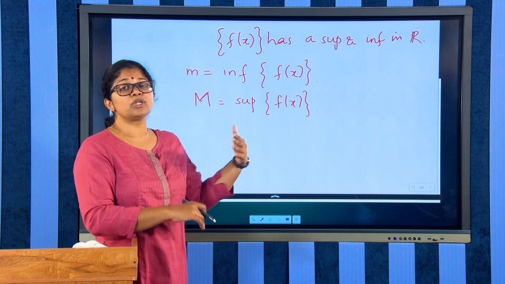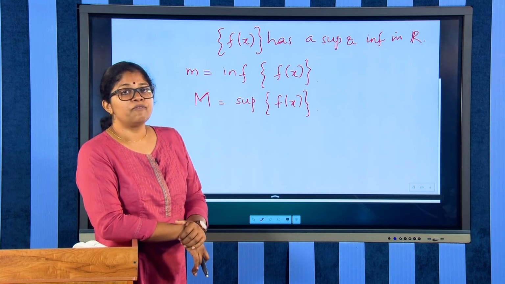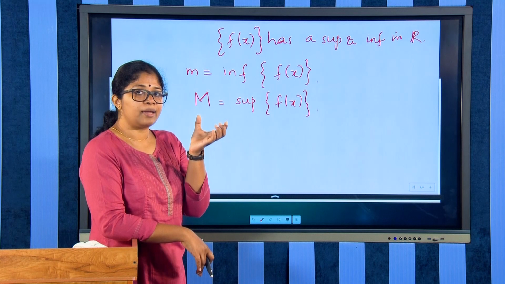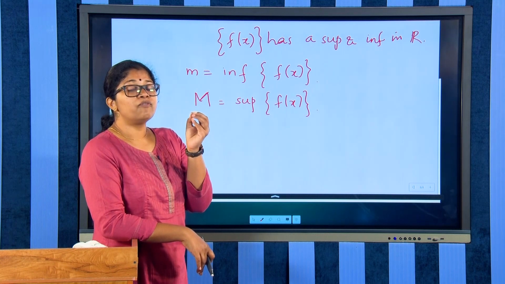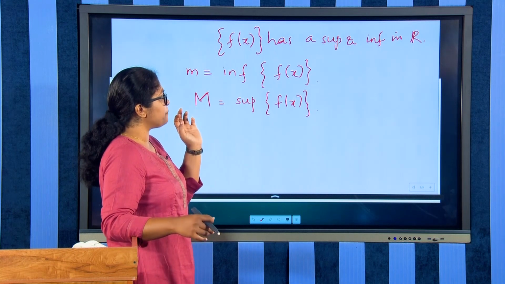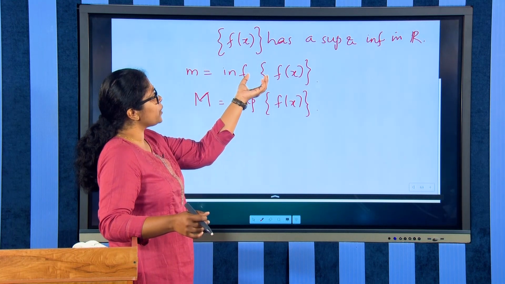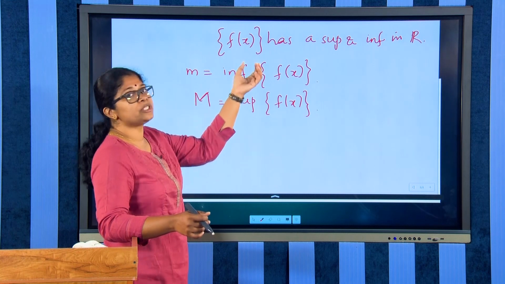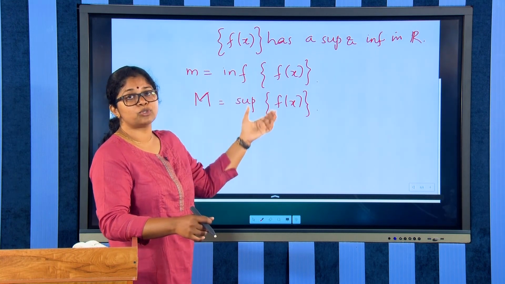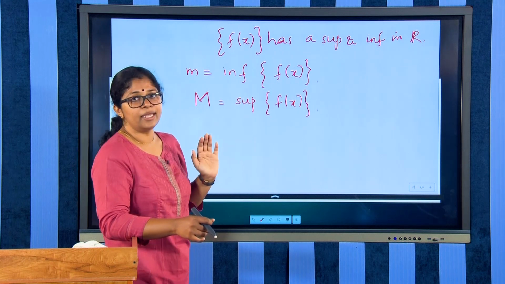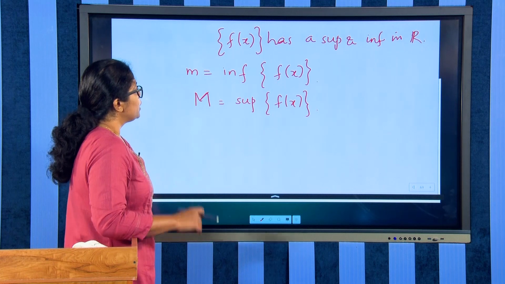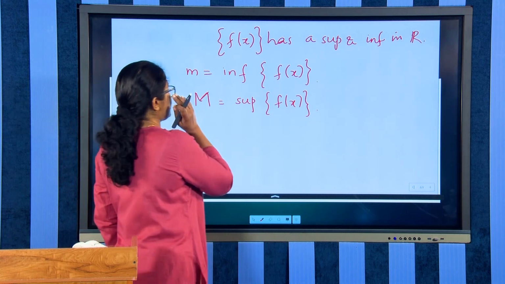So by the definition of maximum and minimum, we have to show that there is some point in the interval I which takes the function to the value capital M, and there is some point in the interval I which takes the function to the value small m also. Then only we will be able to show that these are the maximum and minimum that we are expecting to prove. So how to get into that?